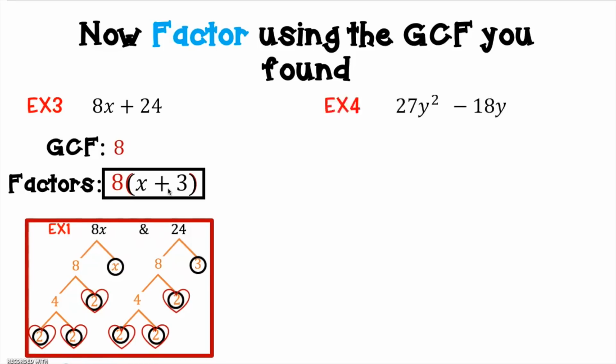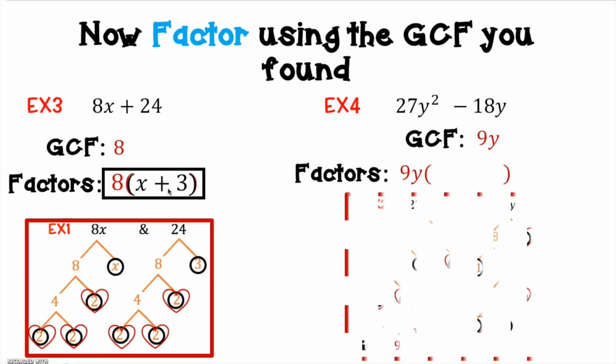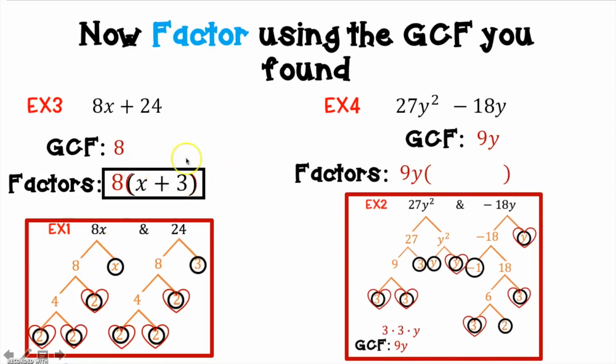We're going to go ahead and try it with example 4. Again, same thing as the second example, and our GCF from that was 9y. When we're looking for our factors, we're going to put 9y on the outside and set up our parentheses. Remember, on example 2, we had a couple of different factors that weren't so great.